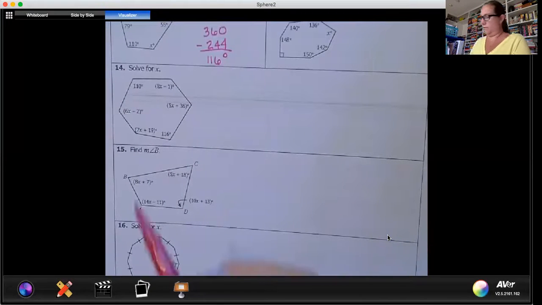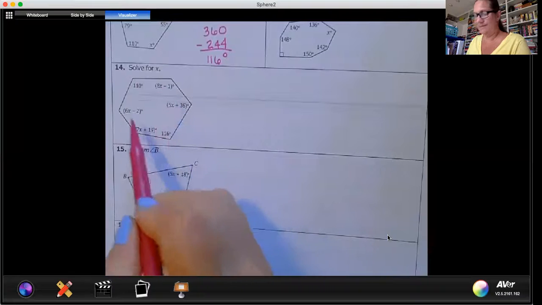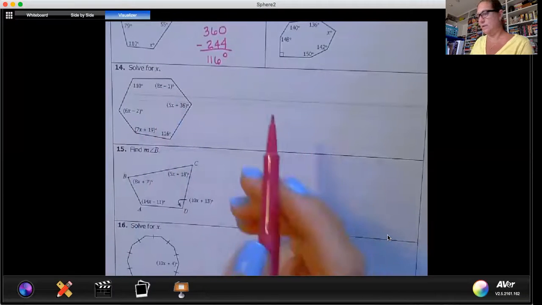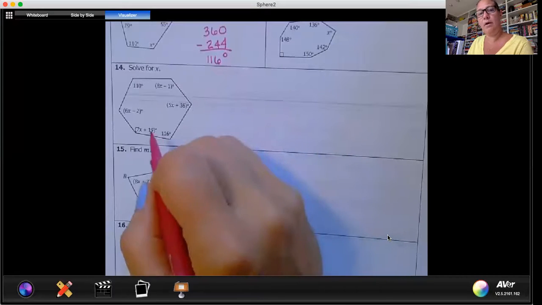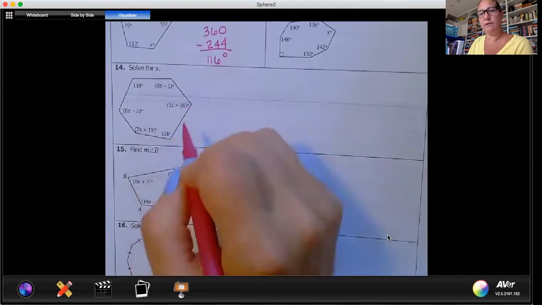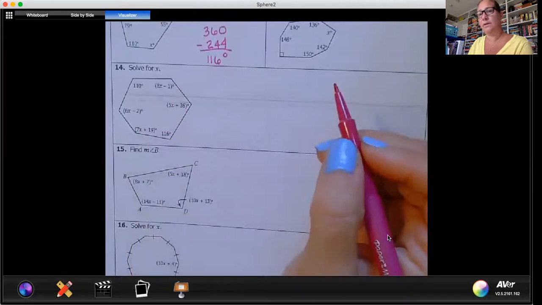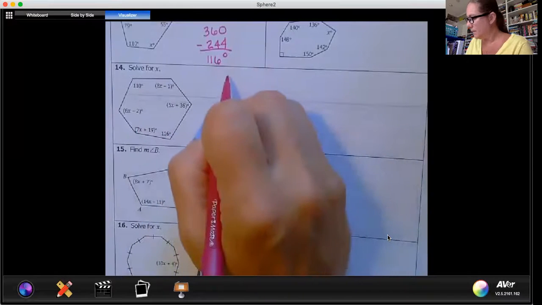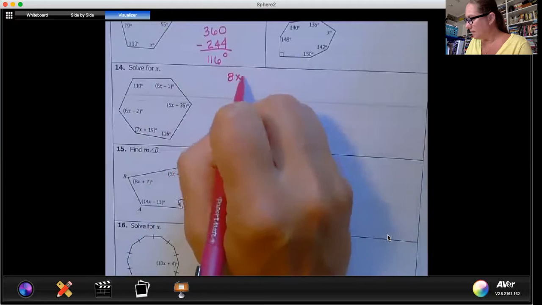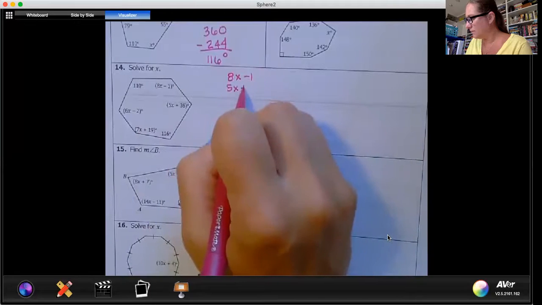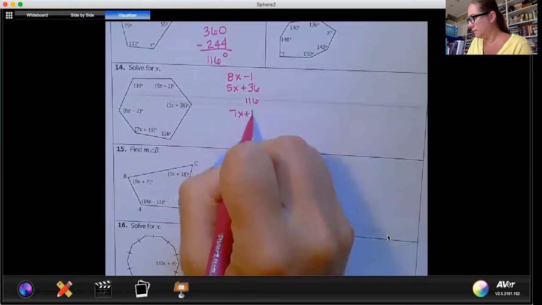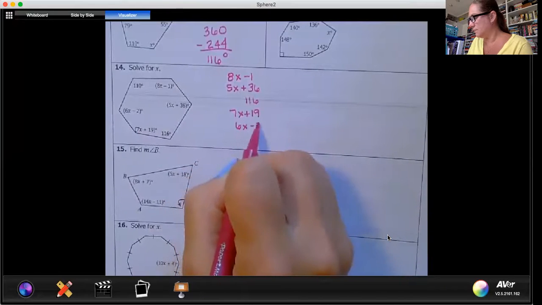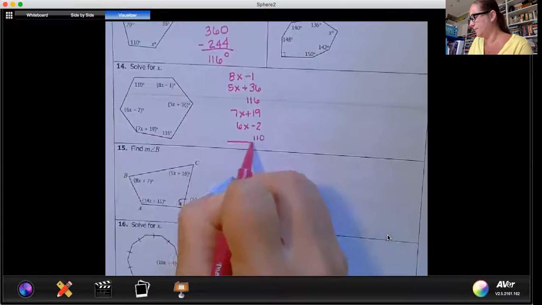For problem number 14, 1, 2, 3, 4, 5, 6, you have a 6-sided figure, so your total is going to be 720. So we're going to add up all of these interior angles, combine all like terms, find an equation, and solve for x. So we have 8x minus 1, 5x plus 36, 116, 7x plus 19, 6x minus 2, and 110.